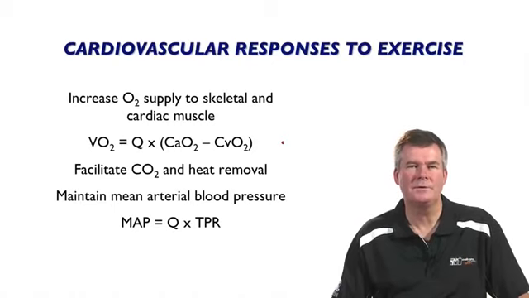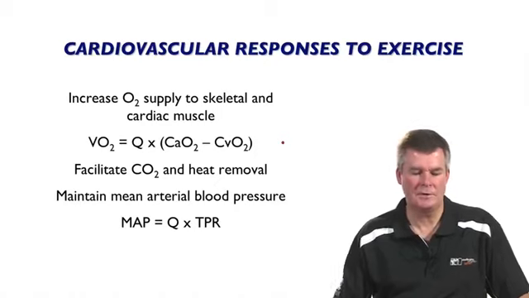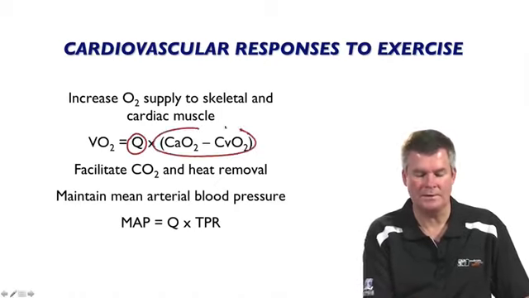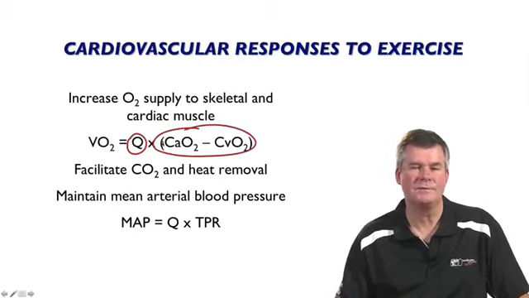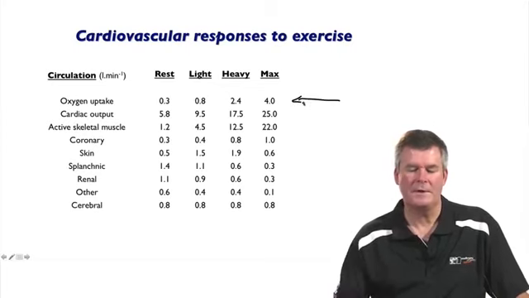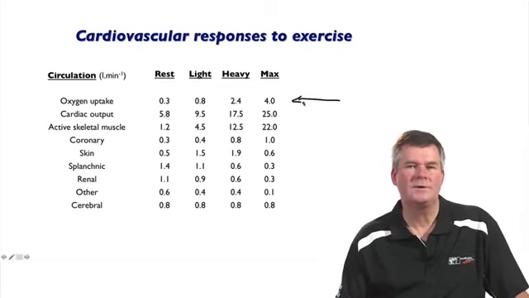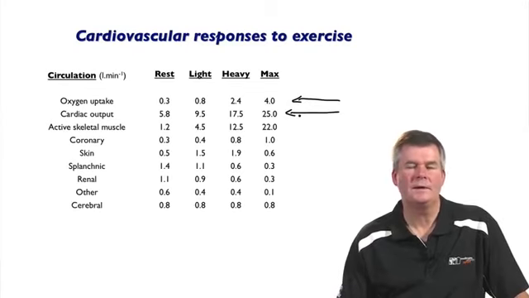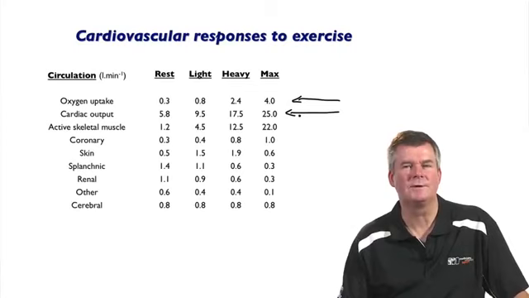The VO2 during exercise is really determined by the cardiac output and the oxygen extraction, or the AVO2 diff. You can see, as we've shown before, that oxygen uptake increases in proportion to the exercise intensity, and as does cardiac output.